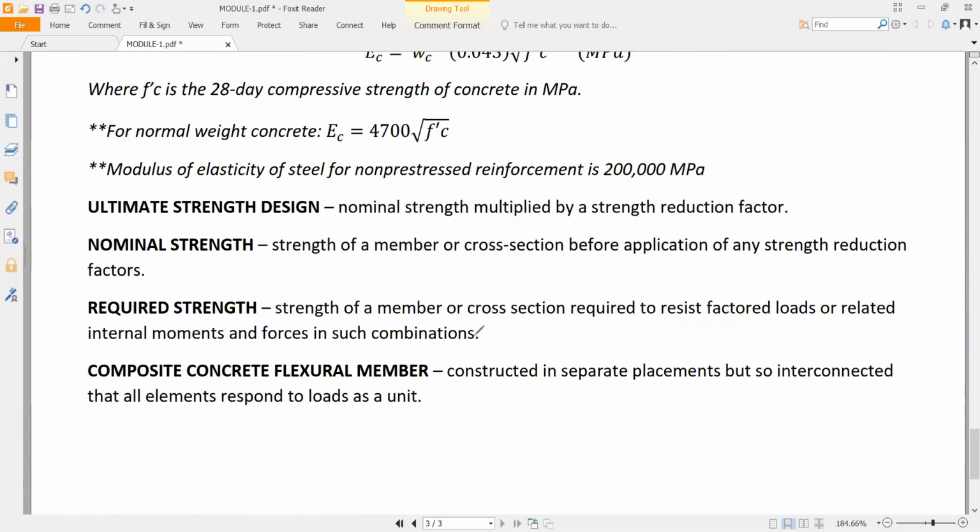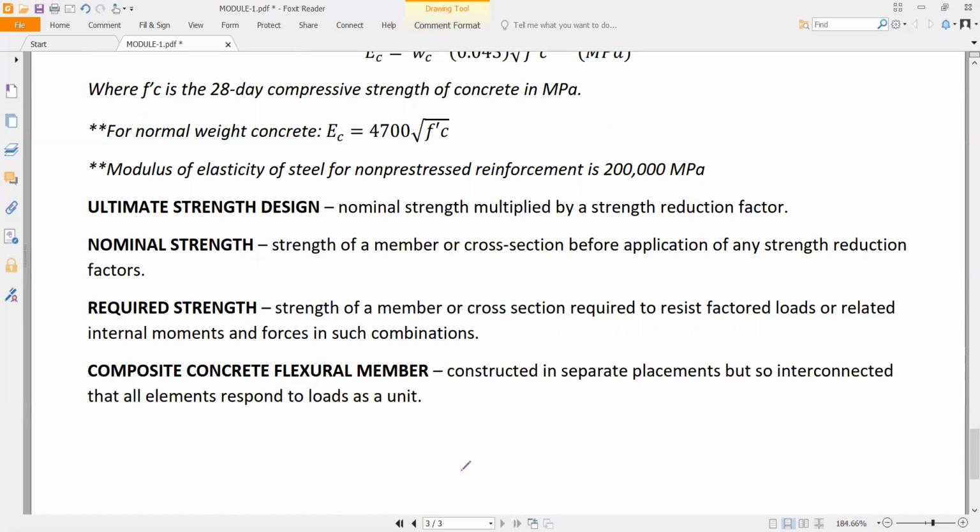Okay? Types of design, meron tayong tinatawag na ultimate strength design. Ito yung may mga ginagamit tayong reduction factor, and usually ito yung ginagamit natin in design, the ultimate strength design. Pag nominal, kung ano lang yung weight, for example, 100 kilogram, that's it. That is your nominal. Pagka meron tayong multiplier, that is your ultimate.